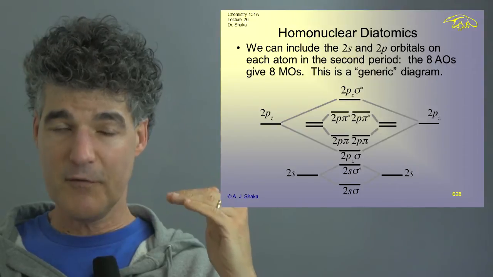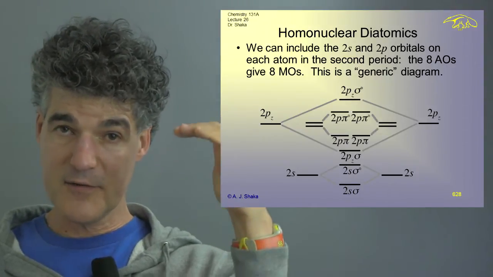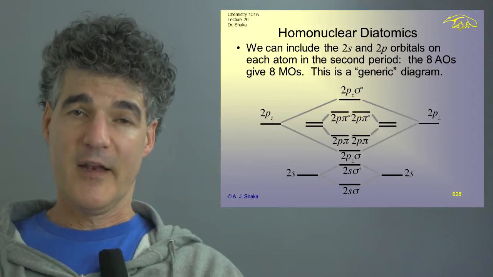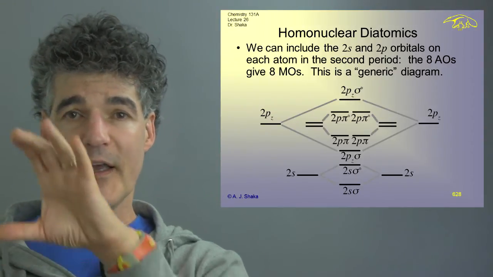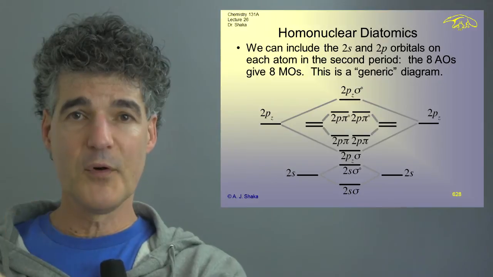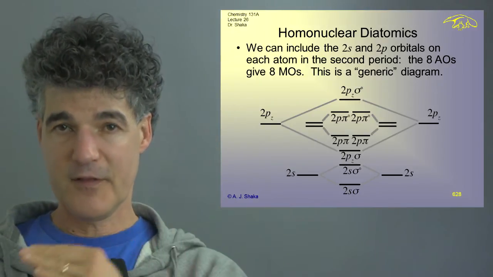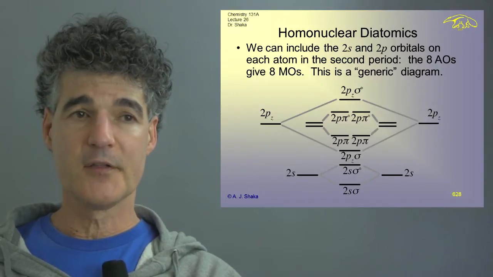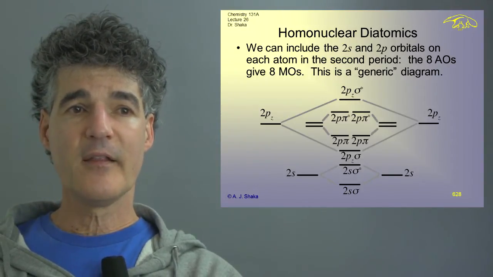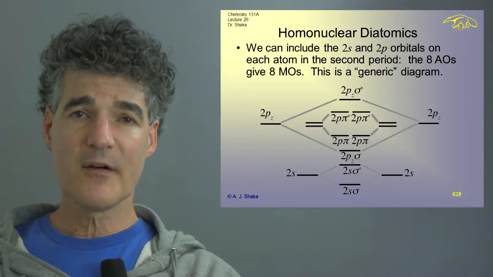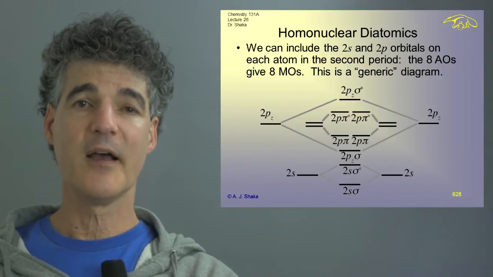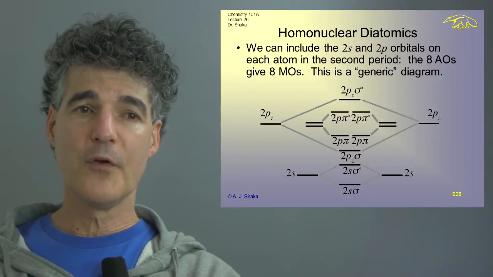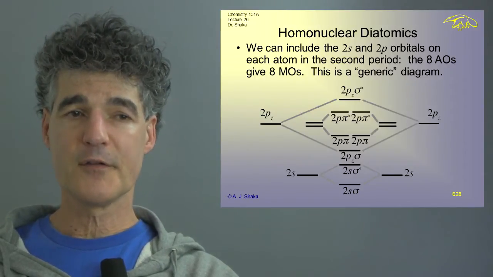As I remarked before, if the atoms are different, then we have to keep in mind that the one that has more protons is going to have the energy levels pulled down for the same numbering compared to the one with fewer protons. And therefore, what I've shown here is kind of a generic diagram. It might be appropriate for O2 and F2 and a few others.